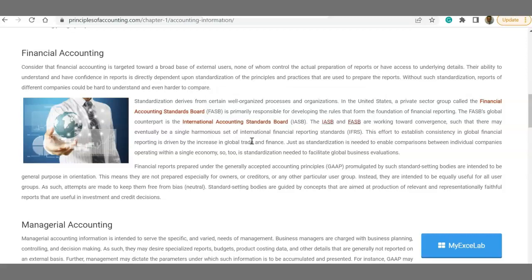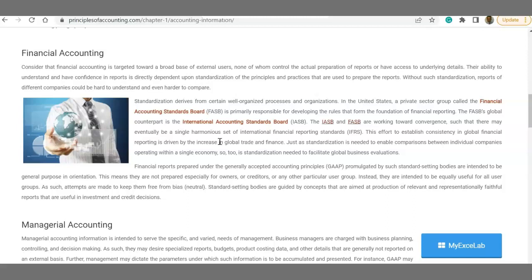What's the difference? Almost similar, but GAAP is more rules based. That means it gives you bright line rules to follow. However, IFRS is more about principles, more about professional judgment.